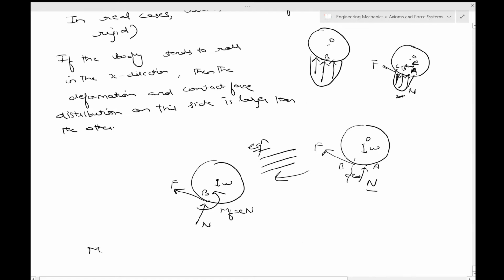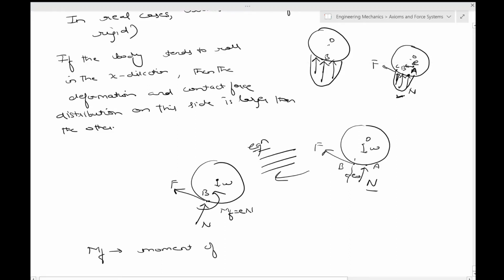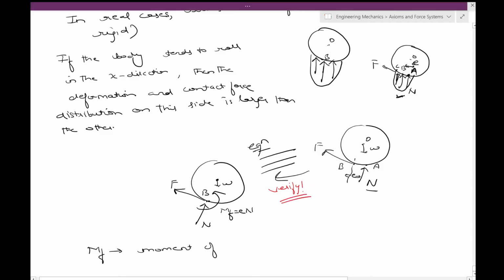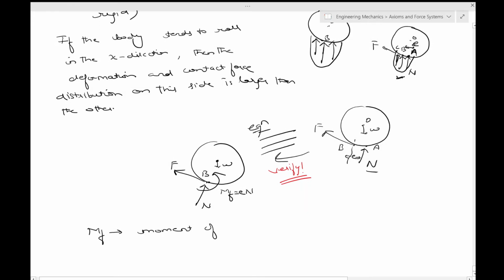MF over here is called moment of rolling resistance, and this I should let you verify. Okay, please verify that these two are equivalent.